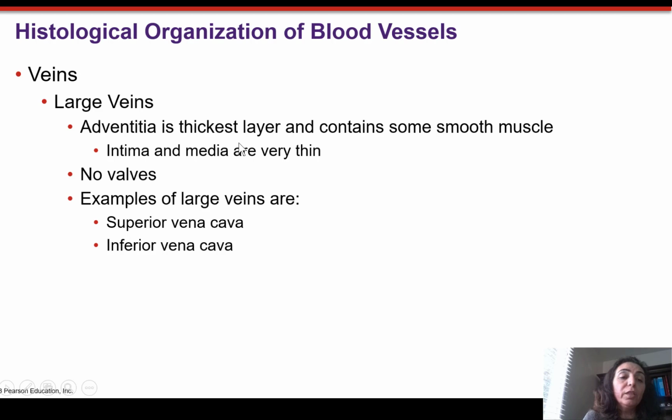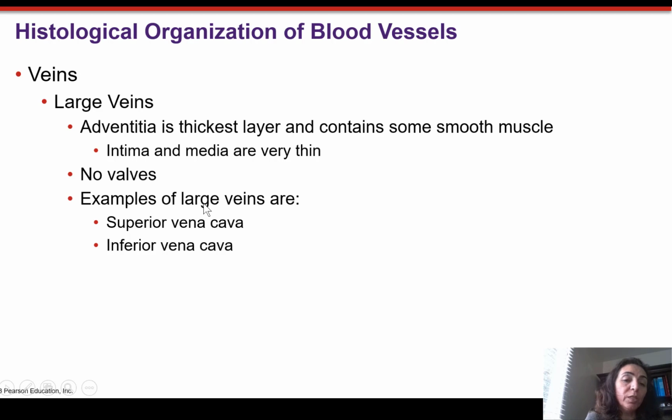So regarding the large veins, adventitia is here in the large vein. Adventitia is the thickest layer also and contains some smooth muscle, right? Intima and media are very thin in the large veins. Large veins do not have valves, so valves can be found only in the medium-sized veins.